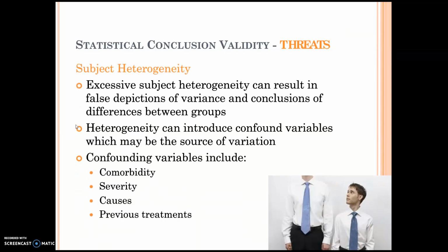Something that people don't think about a whole lot. Obviously, whenever we do research and in life in general, we want diversity. Life is enriched by having a lot of different people, either in our study or in our lives, right? So this concept is kind of hard to explain in that we don't really want too much diversity. There is such a thing as too much diversity in our research. Just as there is such a thing as too little diversity in our research, we can also have too much.